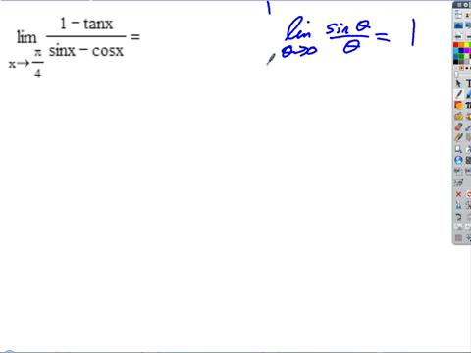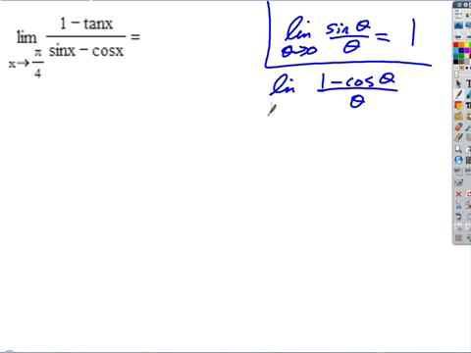Do you remember the other one? 1 minus cosine theta over theta as theta approaches 0 is 0. Very good.